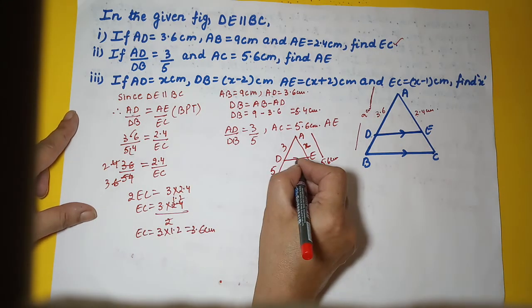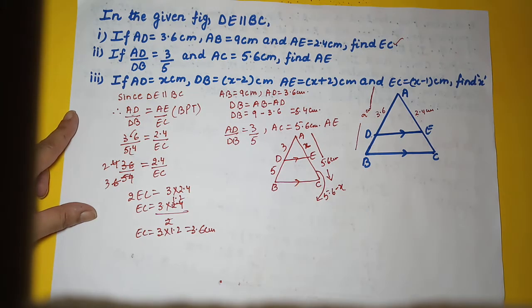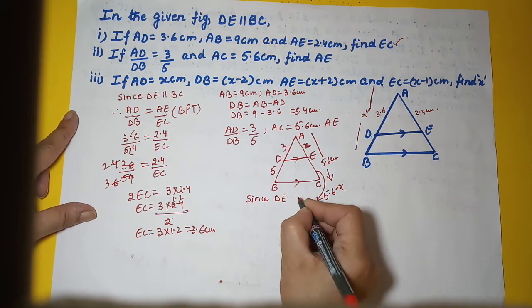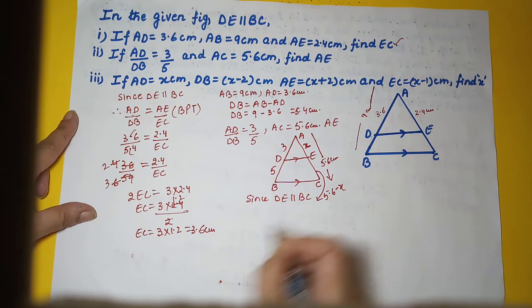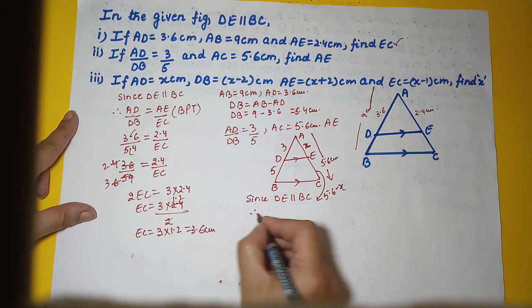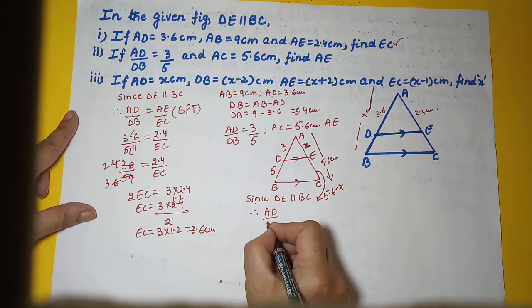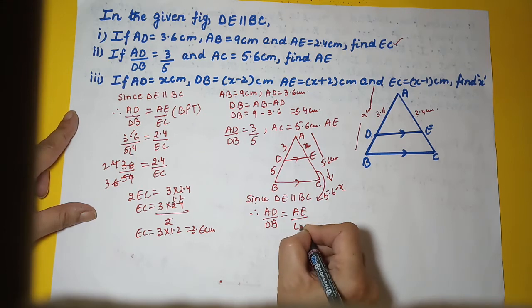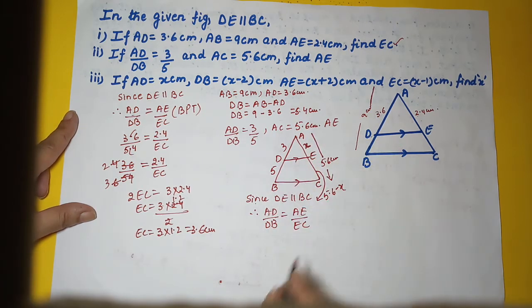Now, since DE is parallel to BC, I will again write since, then only I can apply the basic proportionality theorem. Therefore AD upon DB will be equal to AE upon EC. Now I have all the values.